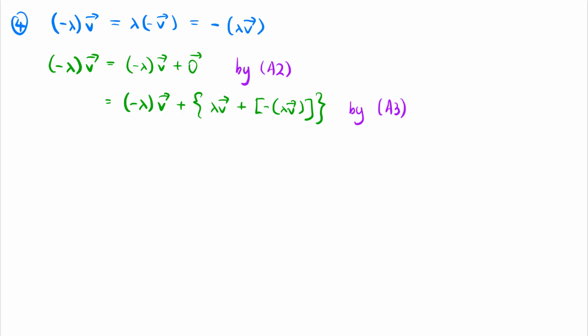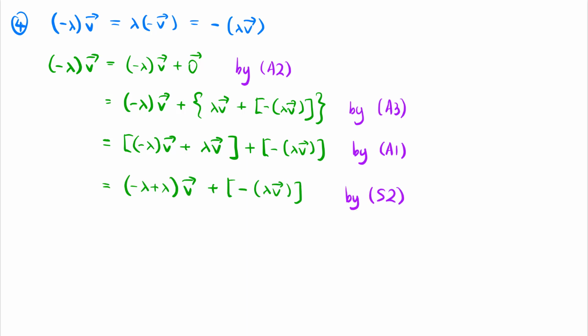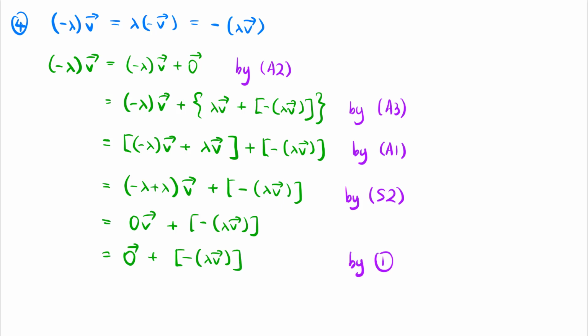Swapping the order of addition, we have ((negative lambda) times v plus lambda times v) plus negative of lambda times v. This equals (negative lambda plus lambda) times v plus negative of lambda times v using S2. Now, this equals 0 times v plus negative of lambda times v. This equals 0 plus negative of lambda times v using the first point. So this is just negative of lambda times v by A2.